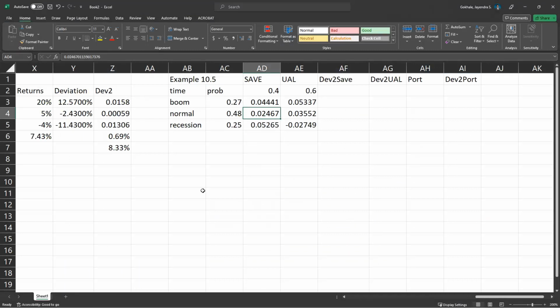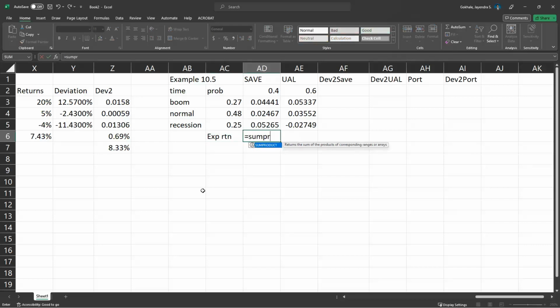So I've already put the boom time, recession, and normal times here with their probabilities and their portfolio weights and their returns respectively. First step is to find out the expected return of each. So equals sum product of this, and we'll have to put the dollar sign to fix these cells because we don't want the probability weights to wobble around when we move the formula.